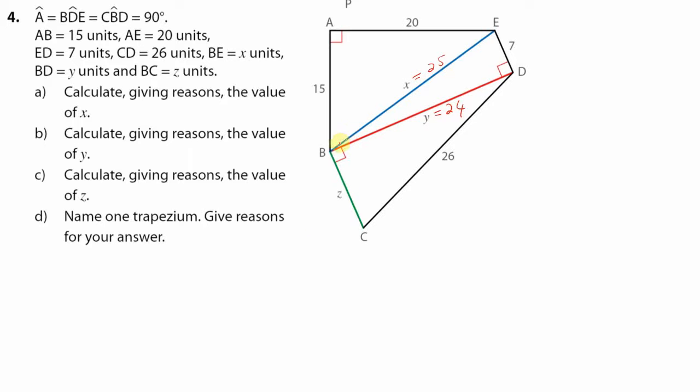Okay, so the first hint I will give you for those that are maybe still struggling a little bit to get started is here Z. We already had y equals 24, we have 26, so we have two of the three sides, only one missing side, and we have our 90-degree triangle, so we can use Pythagoras in triangle BDC. So that's the triangle that you will use.